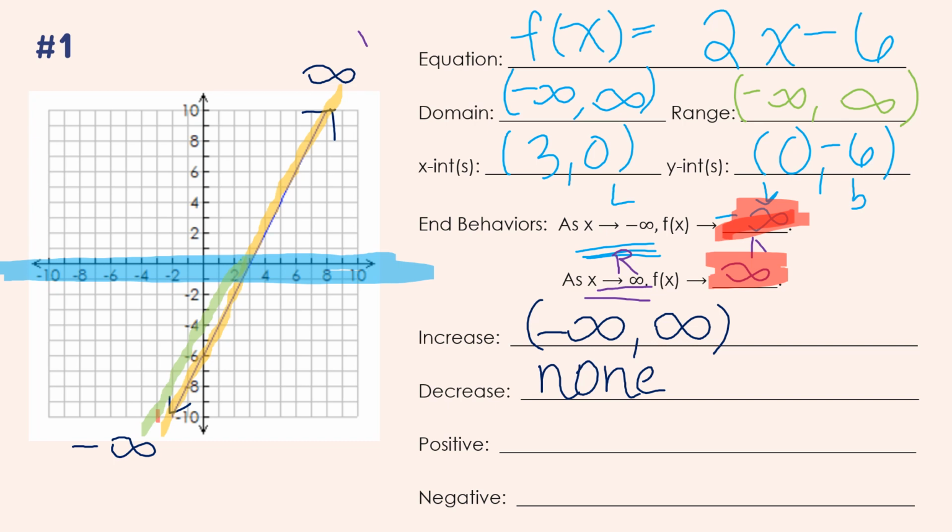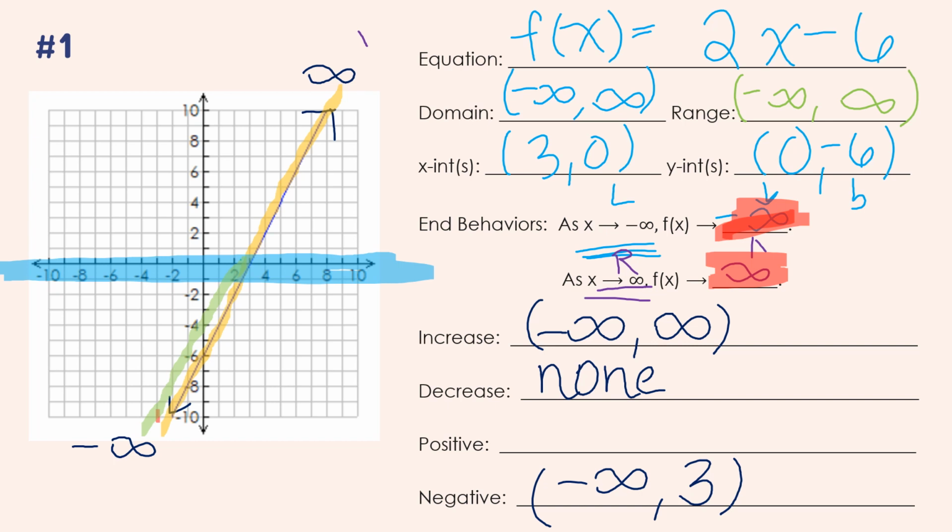Okay, so our negative interval started at negative infinity because that's where we always start, and it stopped being below at 3. And we're going to use a parenthesis because when we hit 3, that's (3, 0), and 0 is not positive or negative. But I need to continue going because I have to end at infinity.